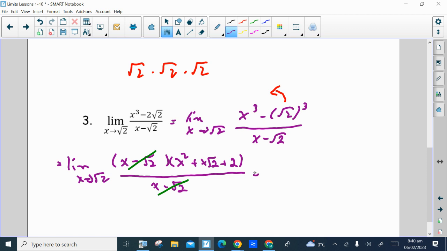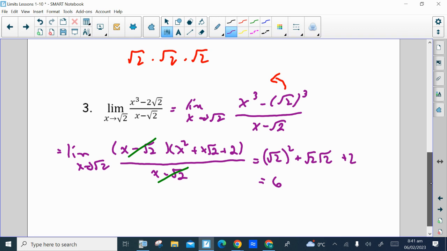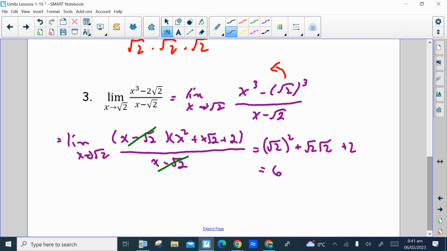So now we can evaluate this. When you square the root 2, that's just going to give you 2. Plus then you're going to have another root 2 times root 2, another 2, plus another 2, which gives us an answer of 6. So as x gets closer and closer to root 2, the value of that function will approach a value of 6.